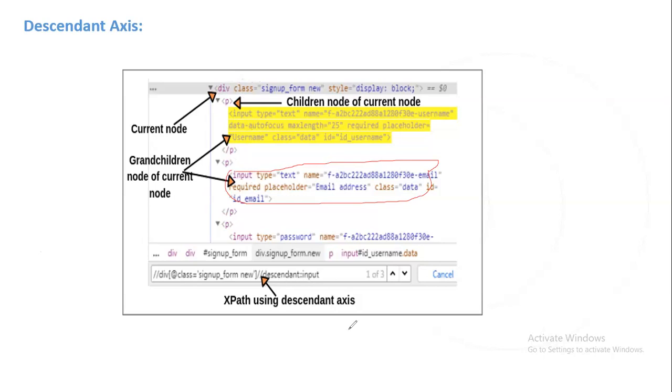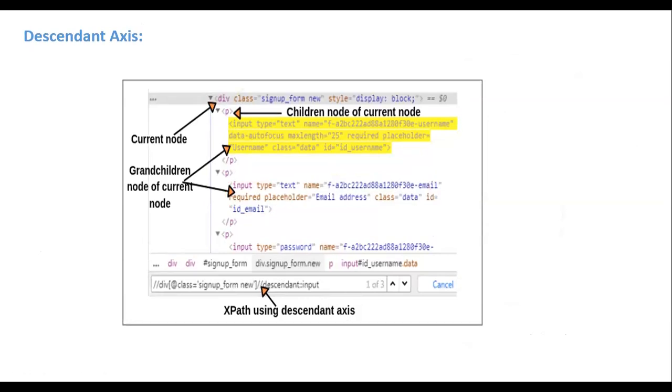If you want to select, you can select descendant elements also. Descendant axis is used to select all the children and grandchildren, all the children as well as grandchildren.